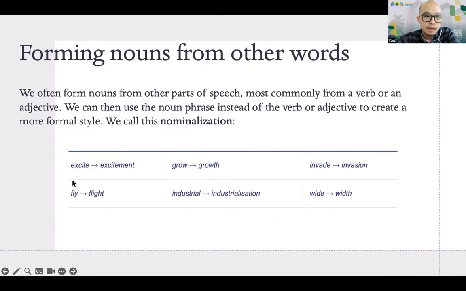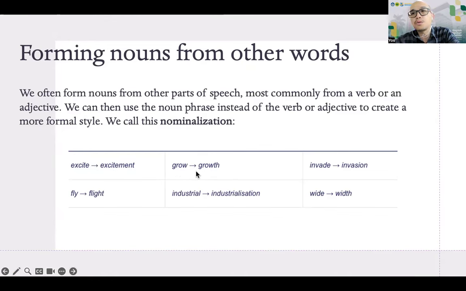Like the verb excite, if we add the suffix ment, it becomes excitement, and it is now a noun. Like the verb grow becomes a noun by adding the th ending at the end of the word.